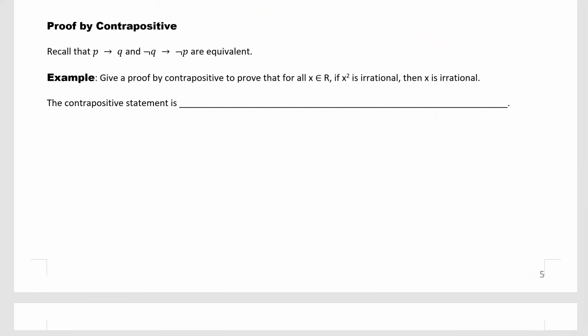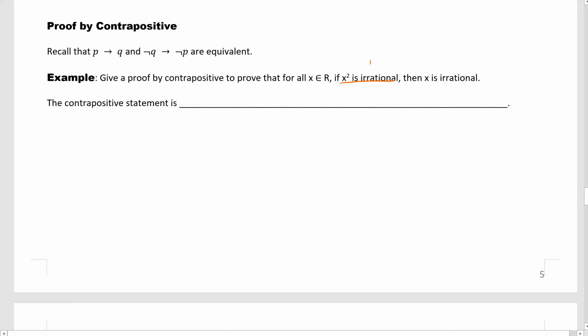Next topic, proof by contrapositive. Recall that p implies q and not q implies not p are equivalent. Here is an example. Give a proof by contrapositive that for all x in R, so x is any real number, if x squared is irrational, then x is irrational.